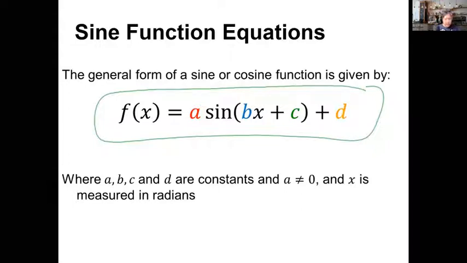But within section 8.4, we will focus more on the A and B values. C and D will be explained in a later section, I think 8.6. As you already noticed with your gut feeling, they are related to translation. But today, for the sine function, the newer concepts of transformation are amplitude and period.